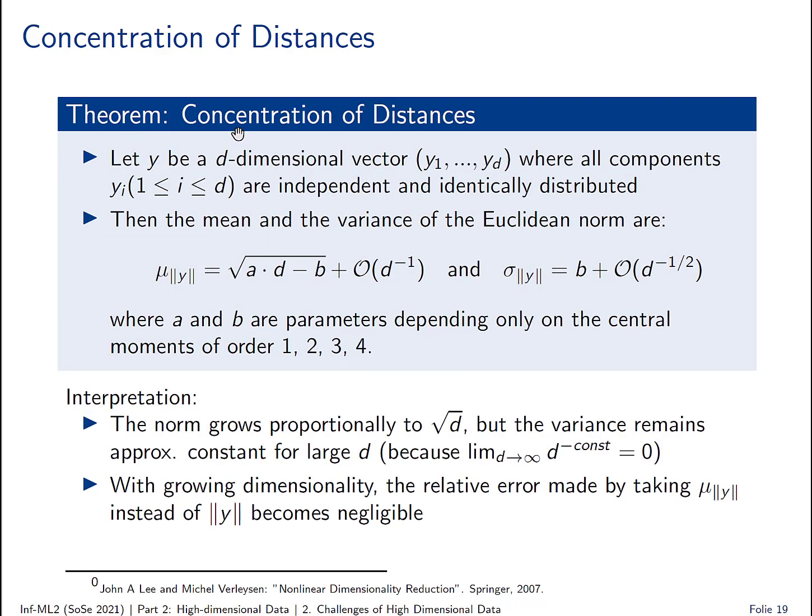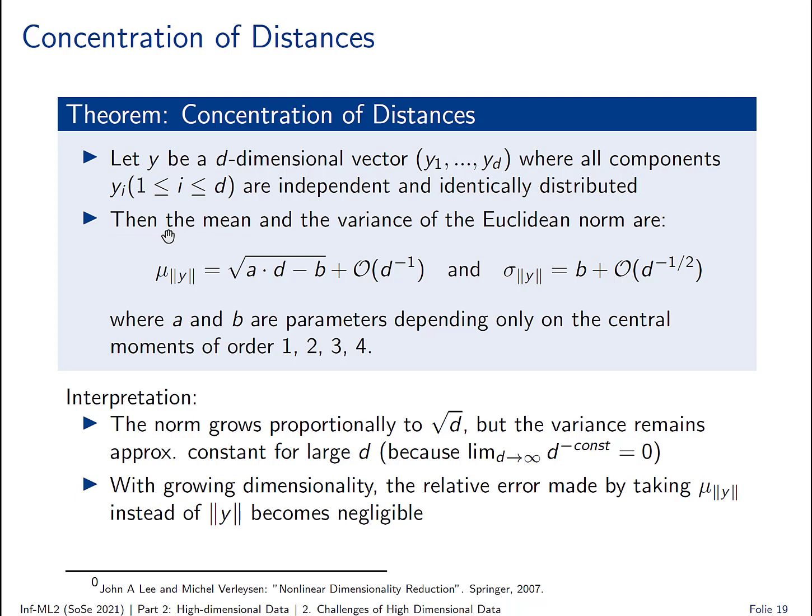There is a theorem about this concentration of distance phenomenon. We have a d-dimensional vector y with d components. All components are assumed to be independent and identically distributed, which is not such a limiting assumption.